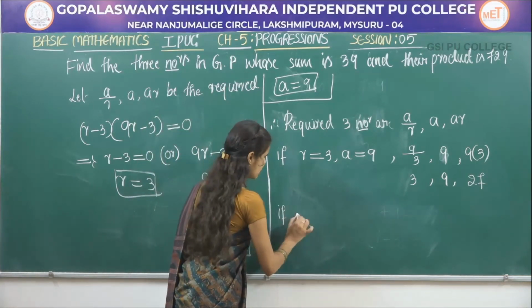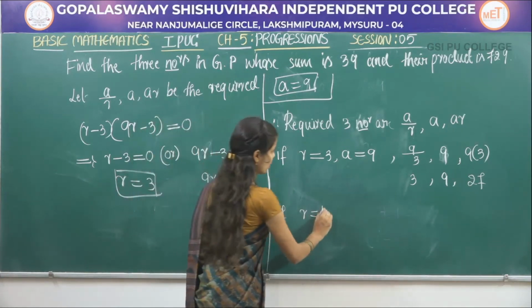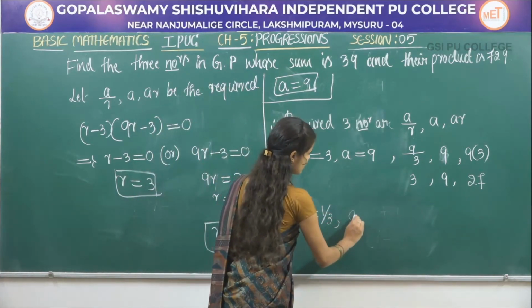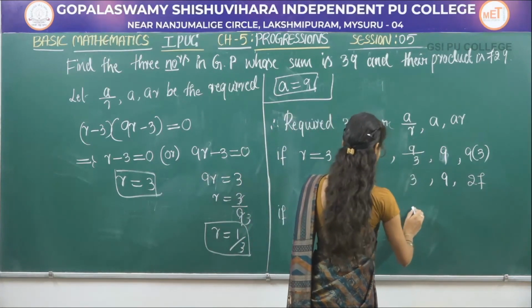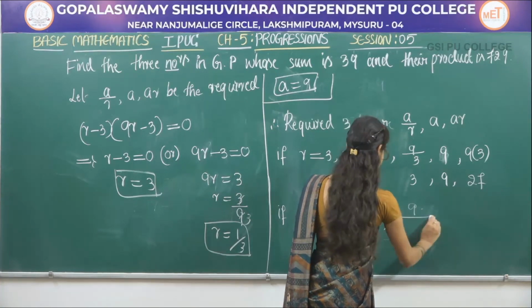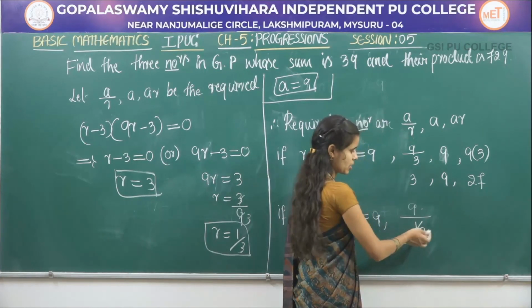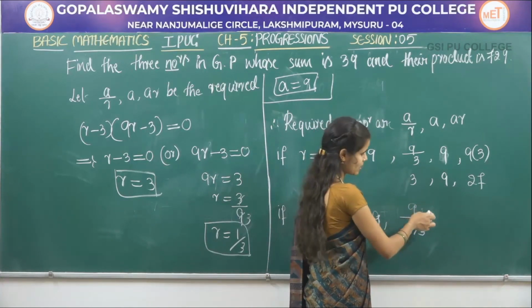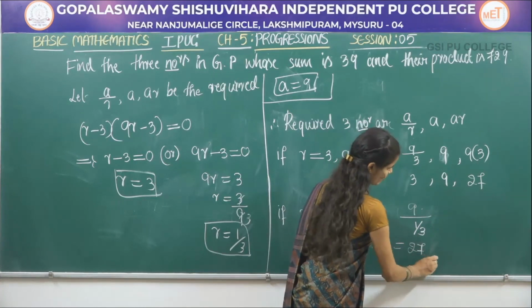Next, the second condition: consider R is equal to 1 by 3, A is equal to 9. Then the 3 numbers are A by R, which is 9 divided by 1 by 3. Take this term into the numerator, it becomes 3 by 1, so 3 into 9 is 27.